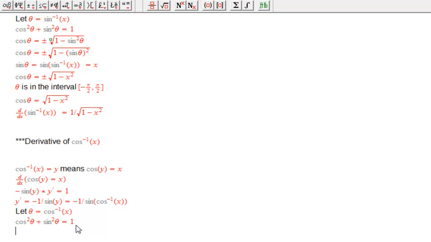And we get that sine theta is equal to plus or minus the square root of 1 minus cosine squared theta.